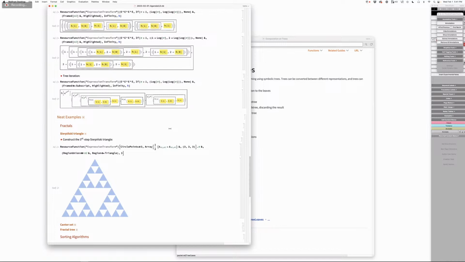Okay, otherwise known as essentially map reduce. So how does the Sierpinski divide and conquer?